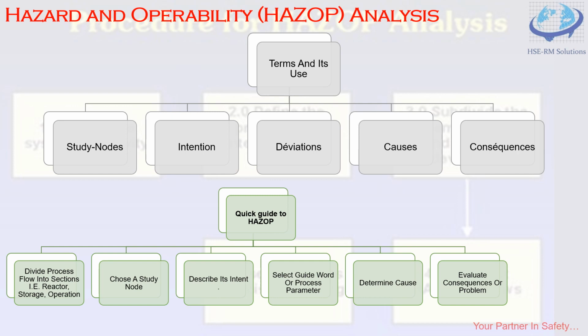What is the intended function parameter? That means with any valve open, what is the intended function? How much pressure, flow, what are the parameters intended, and how we are controlling it, monitoring it, or observing it.